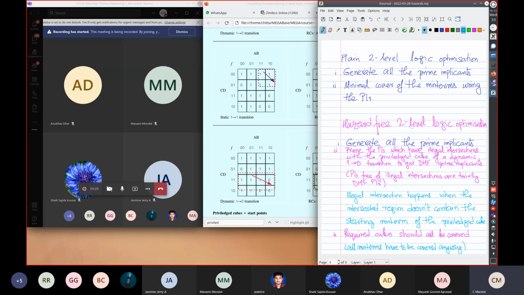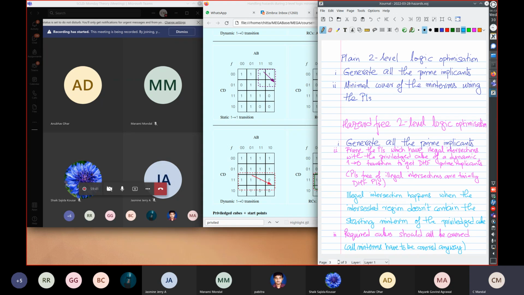So these are the steps for hazard-free two-level logic optimization. So are you okay with this? Do you have any questions, any doubts regarding these steps?